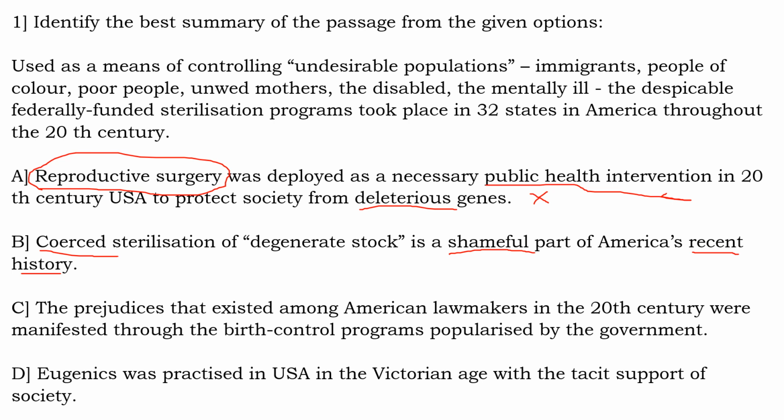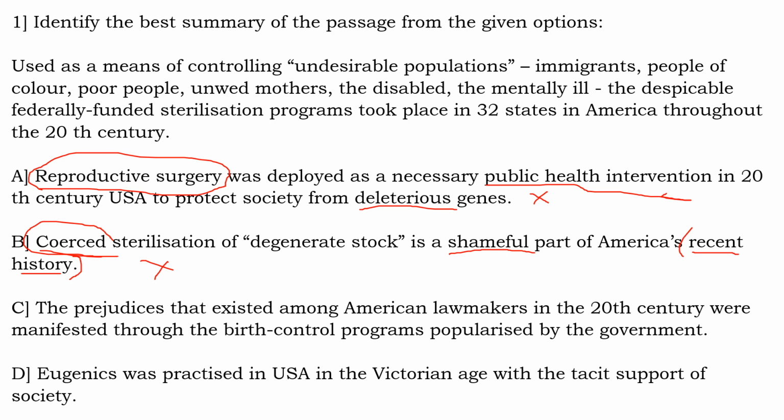The passage is not saying anything about whether this program was conducted in a forceful manner or whether the government forced the people to undergo this sterilization surgery. We don't know. So the problem here is with coerced, and the other problem is with recent history. These two are issues here, so this will not be a good answer as an option. So we can remove this.